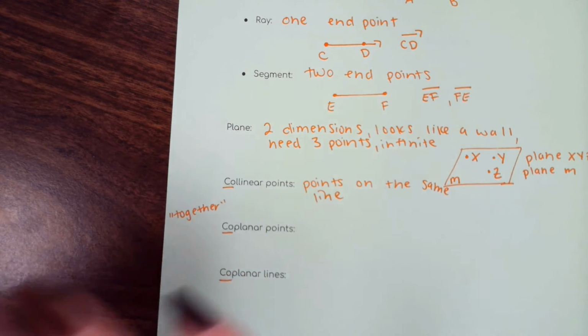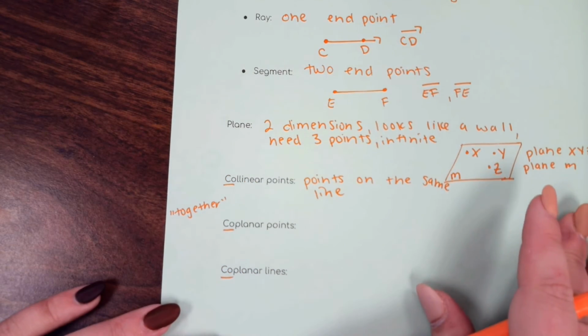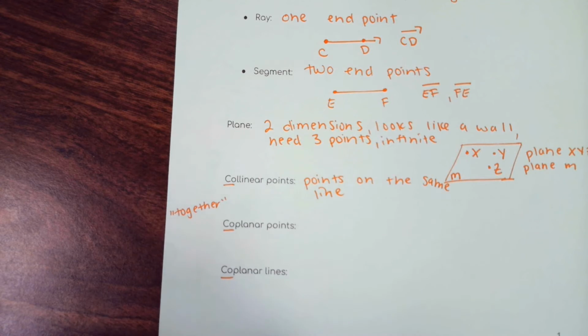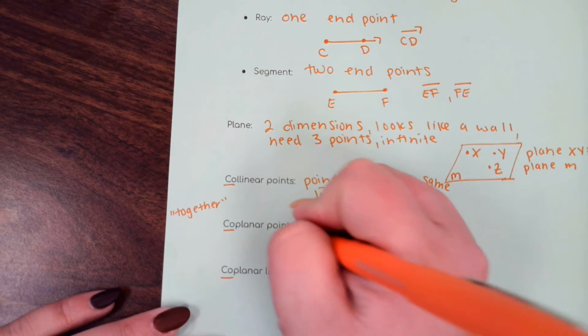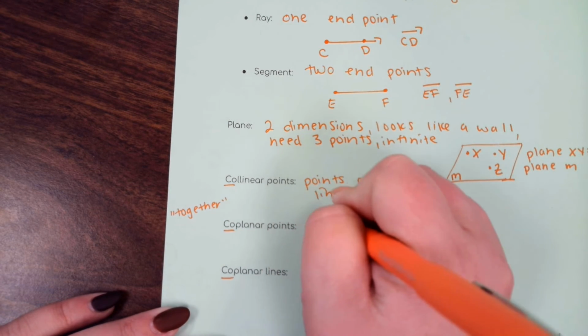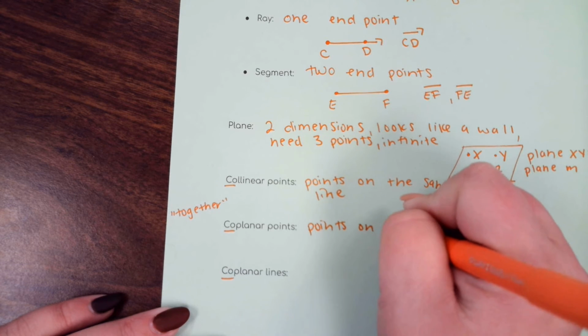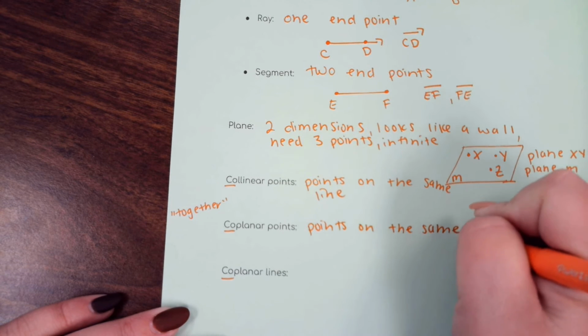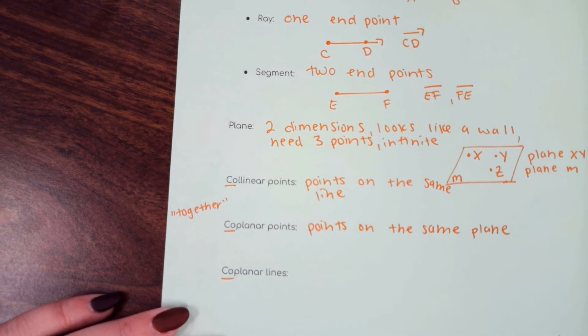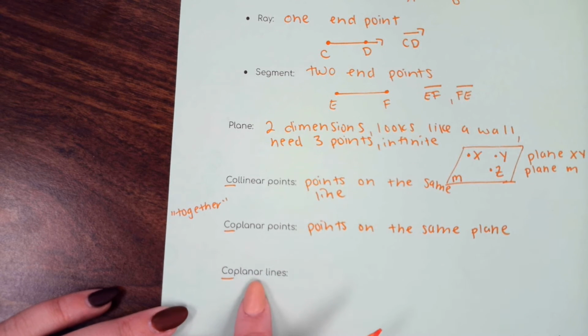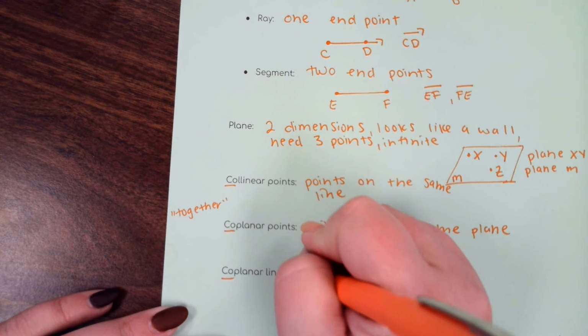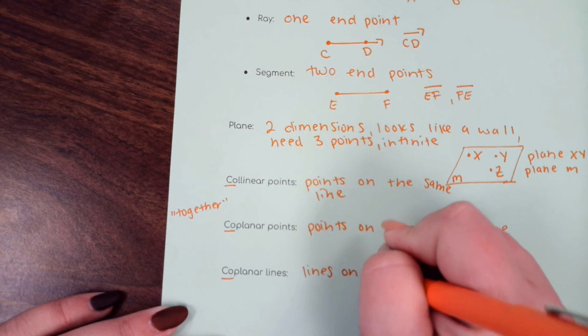Linear means line, like in Algebra 1 when you did linear equations. Next, you have coplanar points. These are points on the same plane. And lastly, coplanar lines. You guessed it, lines on the same plane.